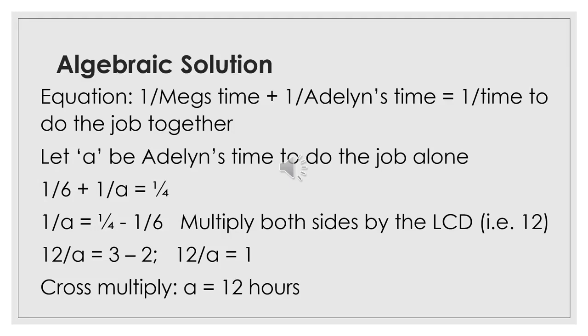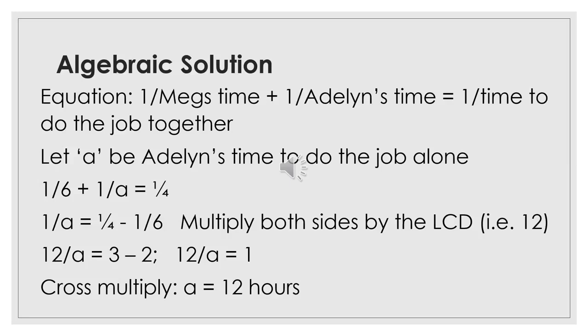The LCM here is 12, the LCM of 4 and 6, so multiplying 12 to both sides of the equation, we should have 12 over A, 12 times 1 over A, all equal to 12 times 1/4, that's 12 over 4, minus 12 over 6.